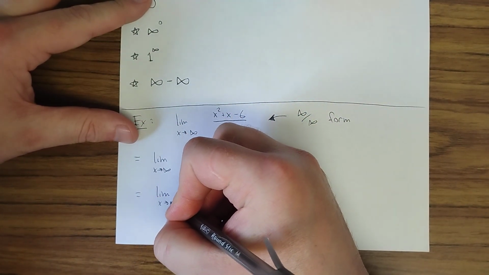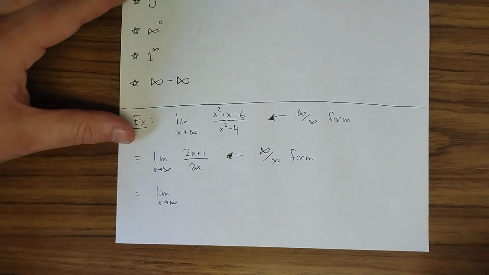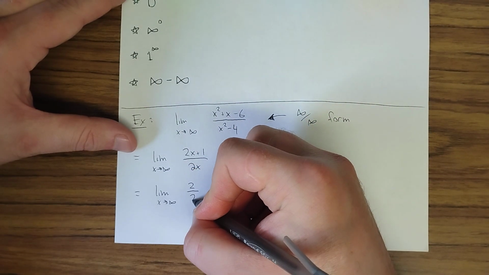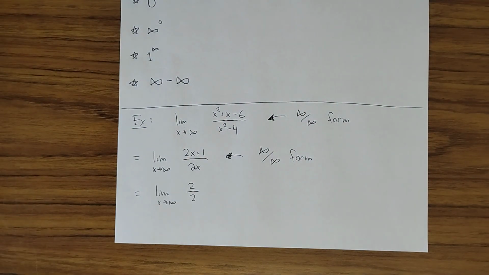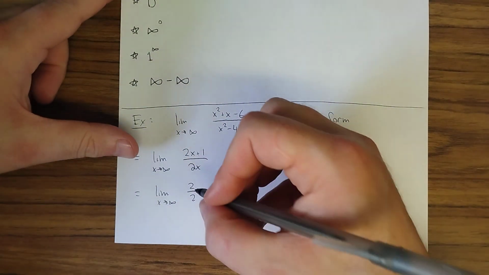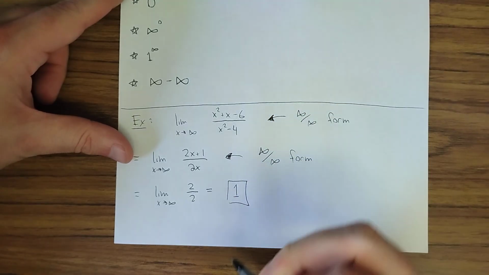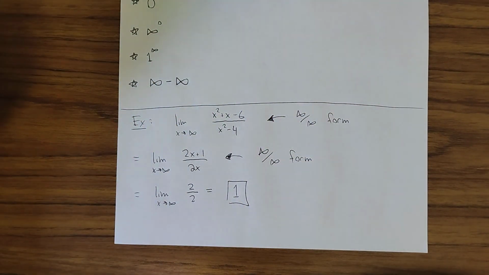So sometimes we do L'Hopital's rule multiple times. Now the derivative on top is just 2, derivative on the bottom is just 2, and now we have an easy limit. This is just 1. So that does happen sometimes. We use L'Hopital's rule multiple times.